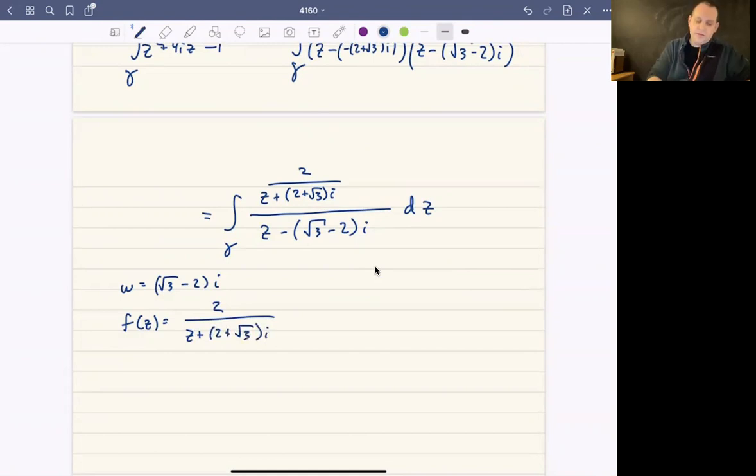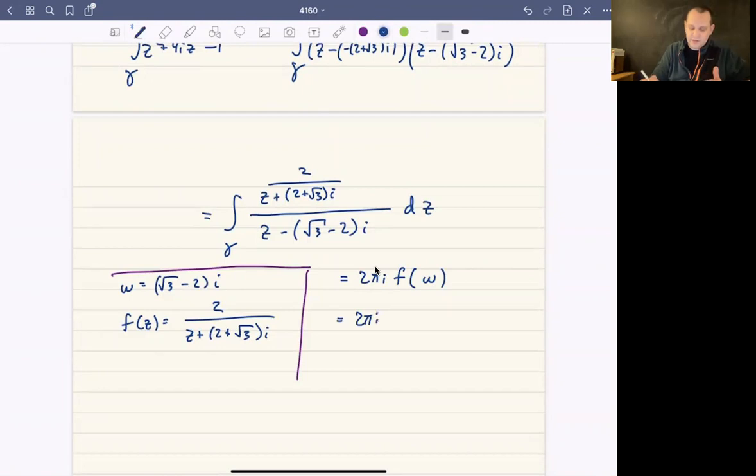And so it turns out that this integral is going to be equal to 2 pi i f of w, right, by Cauchy's integral formula. And that's going to be, let's just wall this off here. So it's going to be equal to 2 pi i times, let's see, what's f of w?